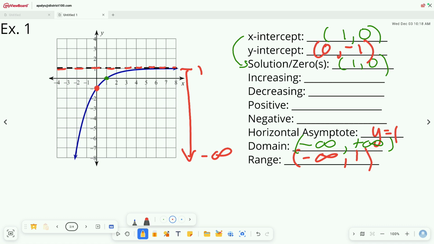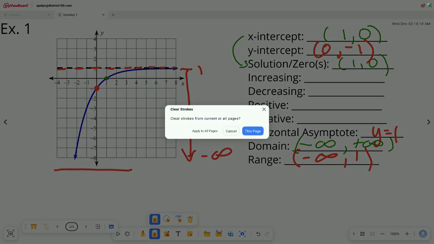Oh, by the way, I did have someone in 5th hour that had a very reasonable request, which I'm going to do for you guys for your checkpoints going from this point on and your test. Somebody said, hey, Mrs. Palis, I didn't have enough room to draw in my lines that are supposed to be black, but I'm in red. No, I don't want that.